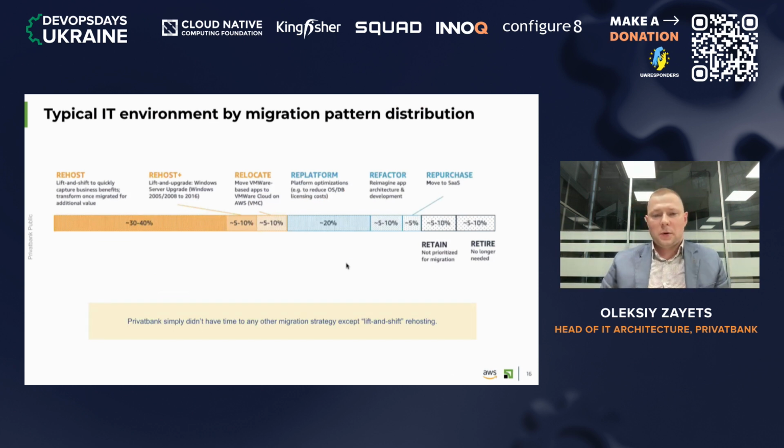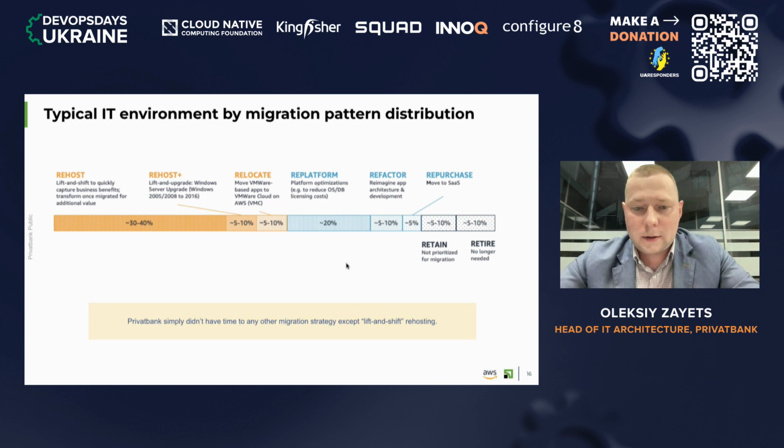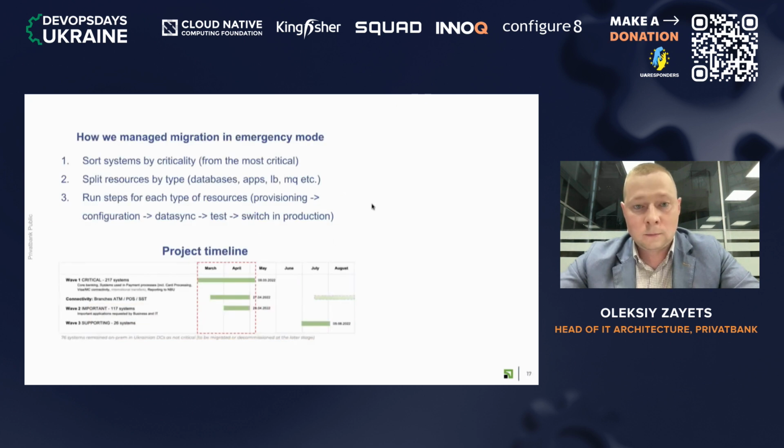From AWS experience, we have such a distribution of strategies chosen by different companies, and as I previously said, we didn't have time to consider any strategy except lift and shift, rehosting, and replatform for VMware solutions.